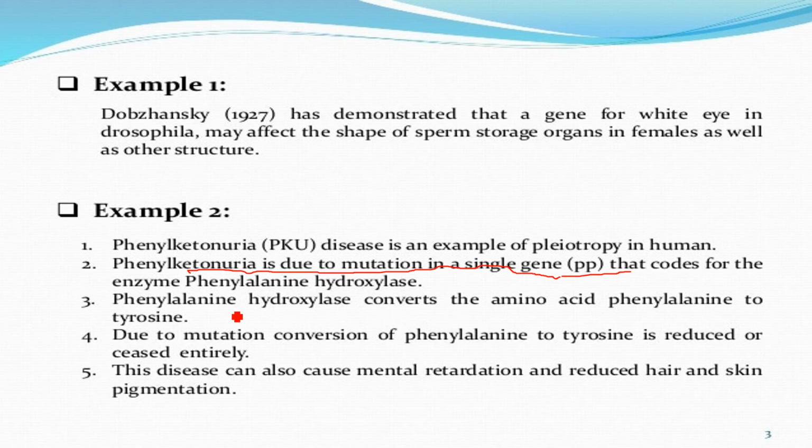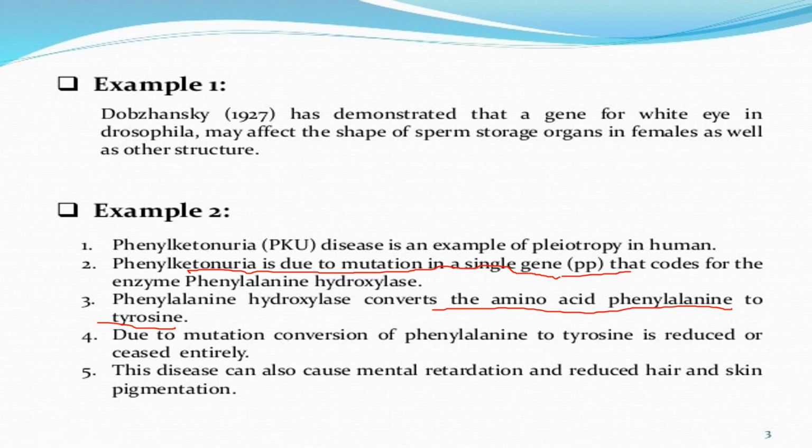This enzyme converts the amino acid phenylalanine into tyrosine, and due to the mutation, the conversion of phenylalanine to tyrosine is reduced or ceases entirely. So the disease causes mental retardation and reduced hair and skin pigmentation. Phenylketonuria is an example of pleiotropism, meaning a single gene that codes for many traits.